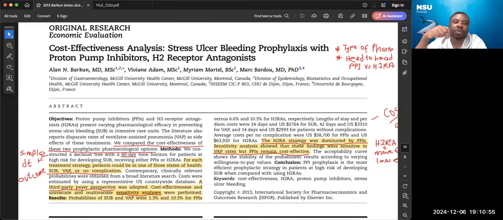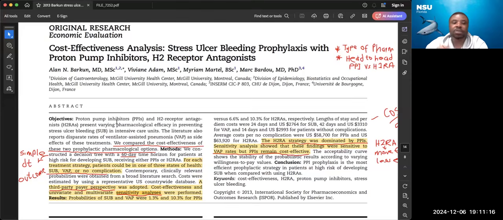And you need to prove this with statistical analysis, with a p-value that really shows that the two drugs being compared are the same. If they are the same, then it is cost minimization analysis. If the drugs are not the same, then it is cost effectiveness analysis.